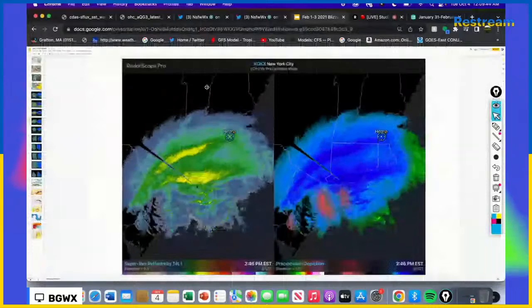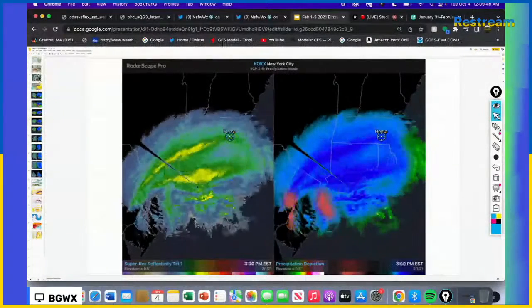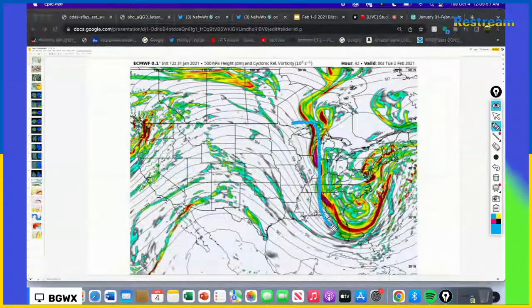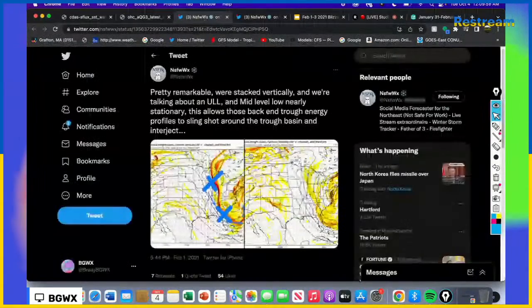And let me get here. That's more energy being injected around this, and this kind of connects to the other tweet.